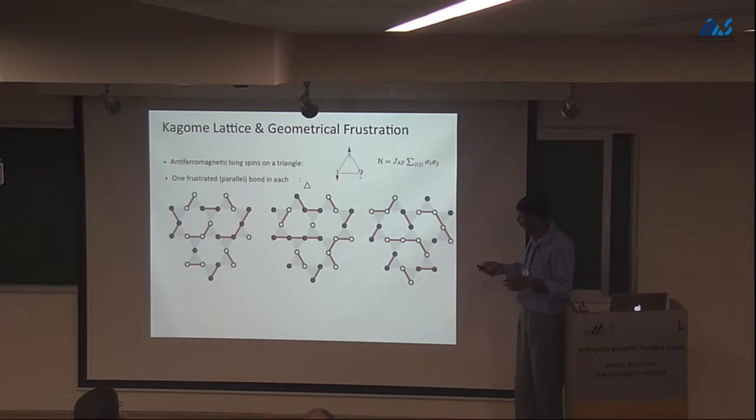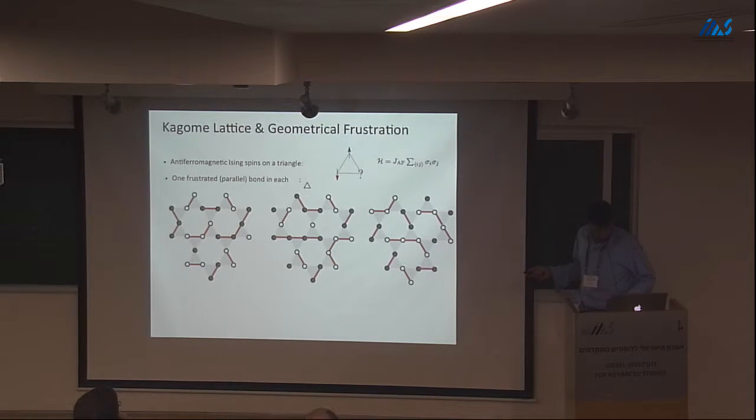That means you will have many degenerate ground states, and this will lead to frustration. If you look at the number of ground states, it goes as e to the power half the number of spins, which means you will have a finite entropy at zero temperature.